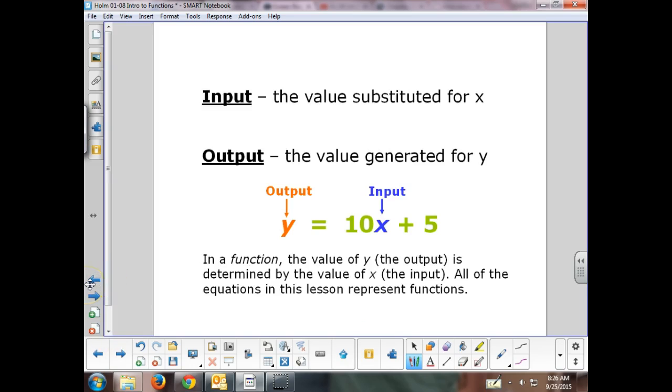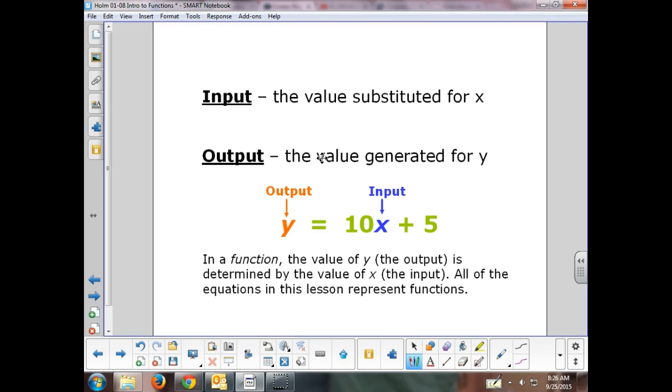Here's a vocabulary word I want you to know. Inputs and outputs. This is really function language. Because with a function, we talk about putting something in, substituting something into the equation, and you get an output. Often in algebra, linear algebra, we talk about x and y.